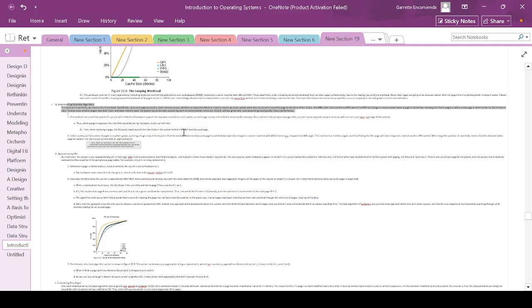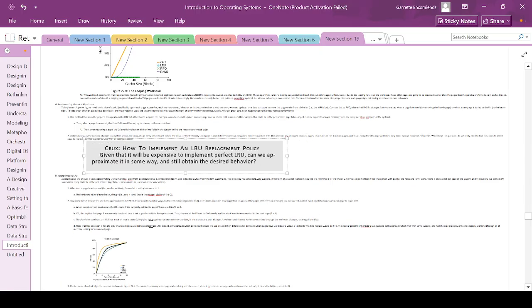Now, implementing historical algorithms. This is the answer on how we actually implement this theory. To implement it perfectly, we need to do a lot of work. Specifically, upon each page access, whether an instruction fetch, a load, or a store, we must update some data structure to move this page to the front of the list, the MRU side.